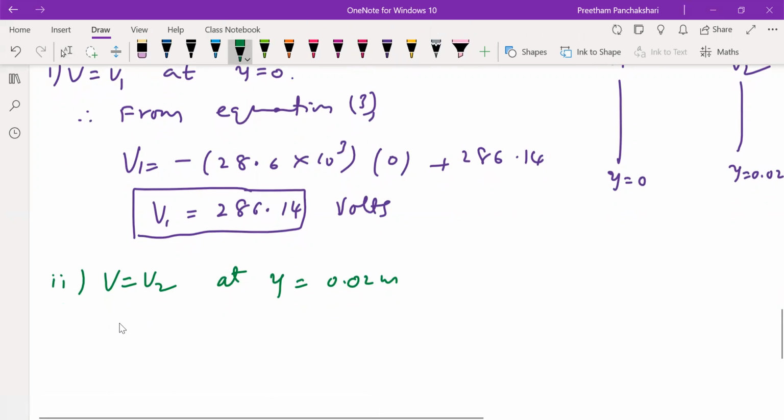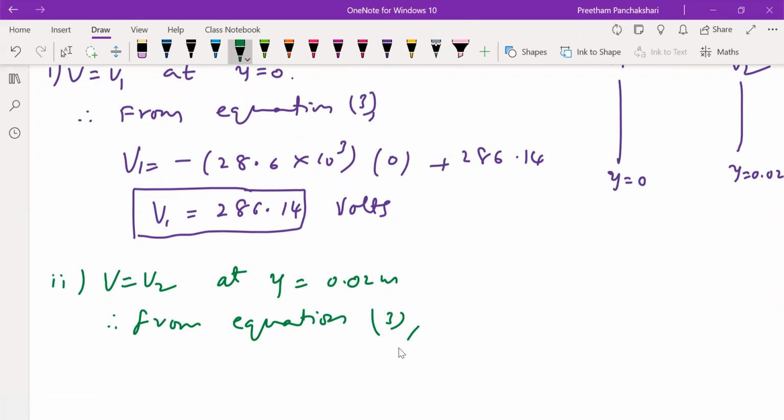Again from the same thing, from equation 3, in place of V, we write V2 equals minus 28.6 into 10 power 3, in place of y we have to write 0.02, plus 286.14.